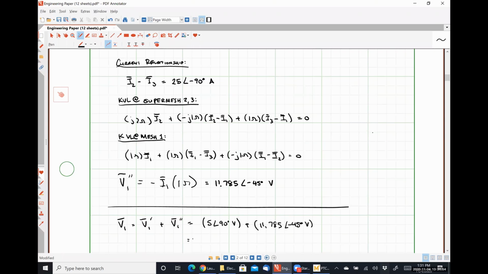So I can simply just add those numbers together. So 5 angle 90 plus 11.785 angle minus 45 is 8.975 with an angle of negative 21.801 degrees volts.